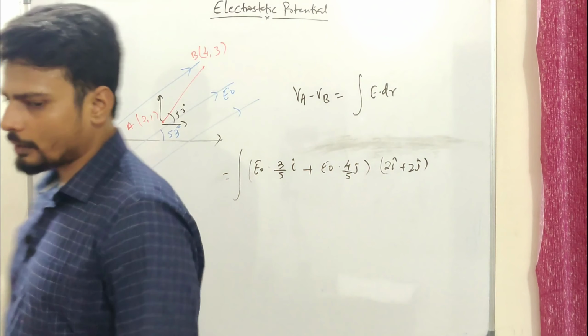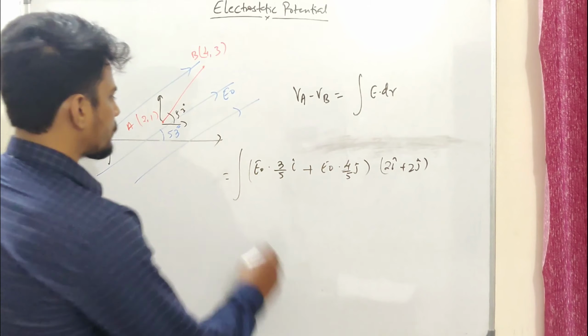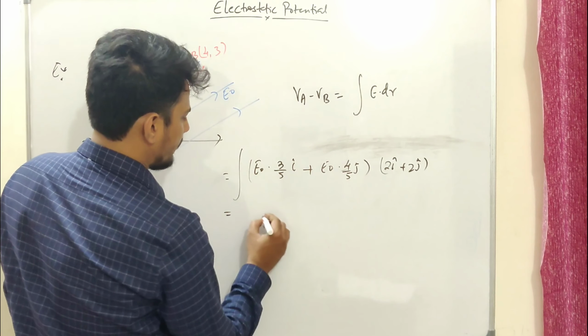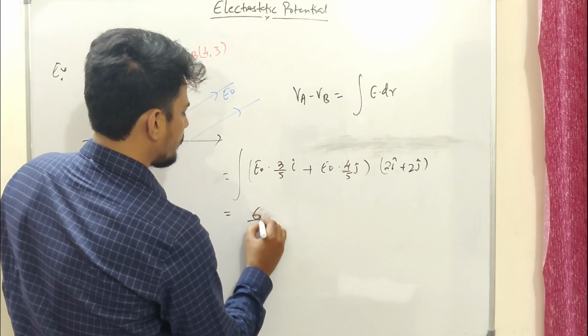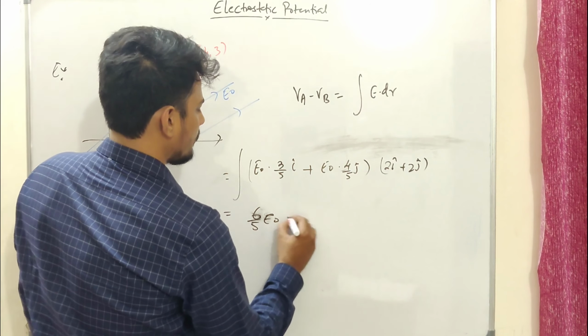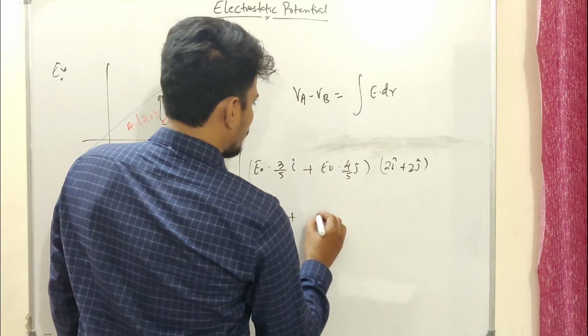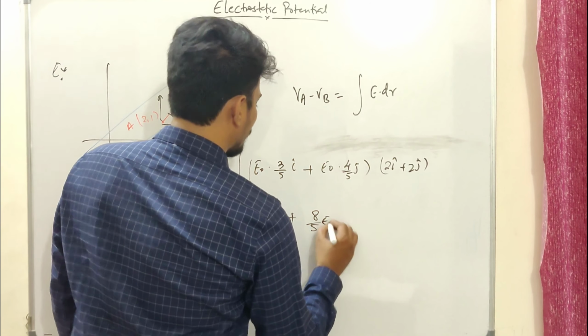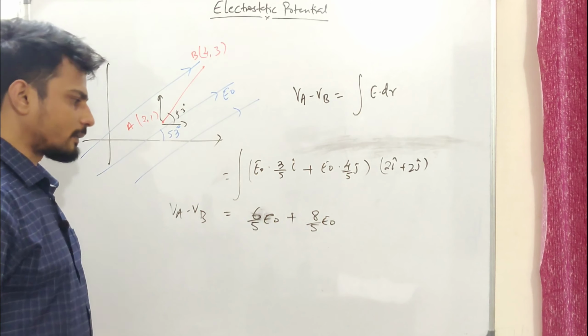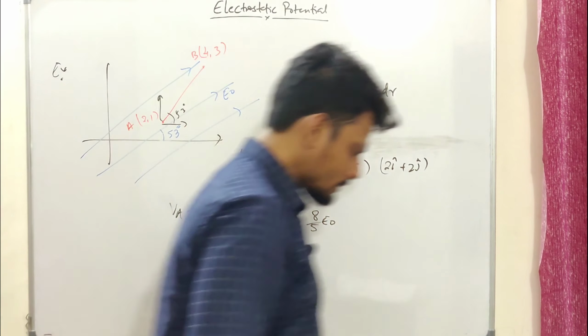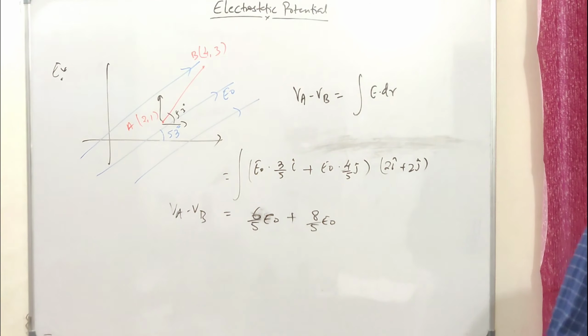Simple as that. Now we can do it, isn't it? So whatever it is, you can calculate it quite easily. It's going to be 6 by 5 E naught, plus I'll be having 8 by 5 E naught for VA minus VB, and you can get it done. Easy one. So that's going to be the value for this case.